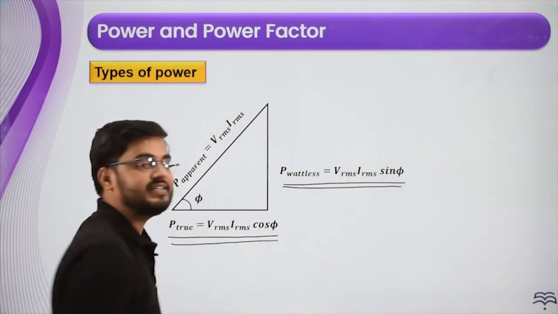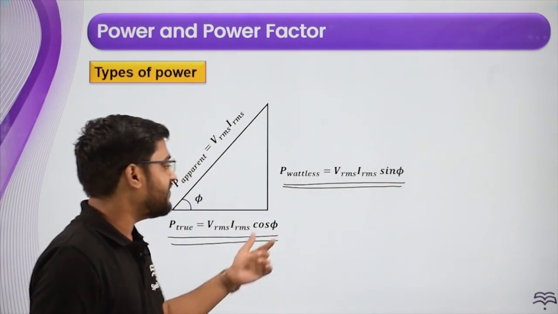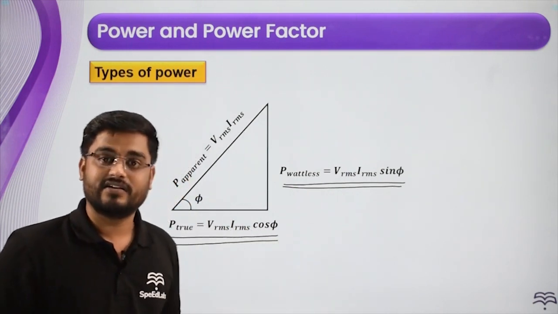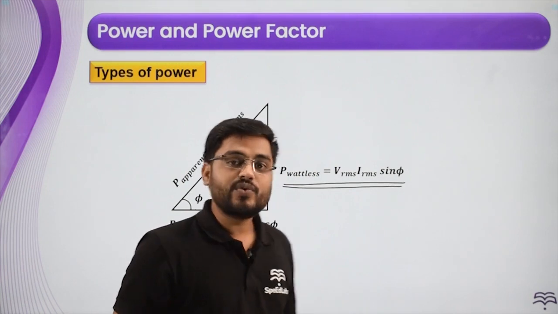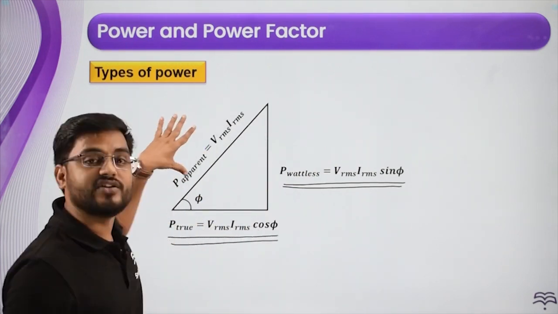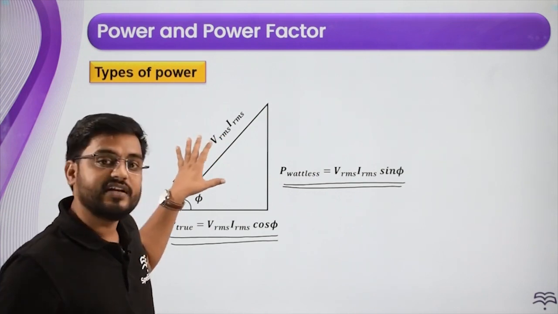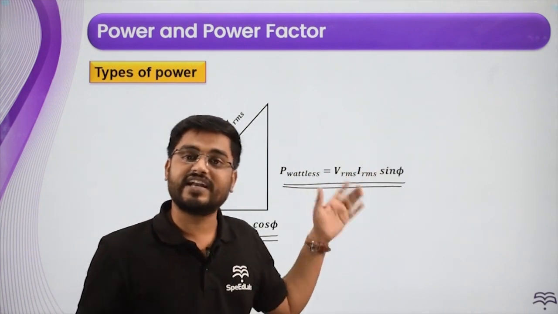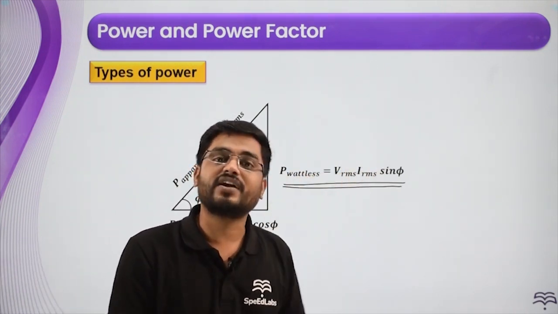Why is it called wattless power? Because throughout the cycle this power is not consumed by the circuit; it is returned again. What is power? The rate at which heat is produced. So this much heat should be produced in total, but only this part of it is the actual heat, and this part of the energy rate is the energy which has been returned in that particular time period.